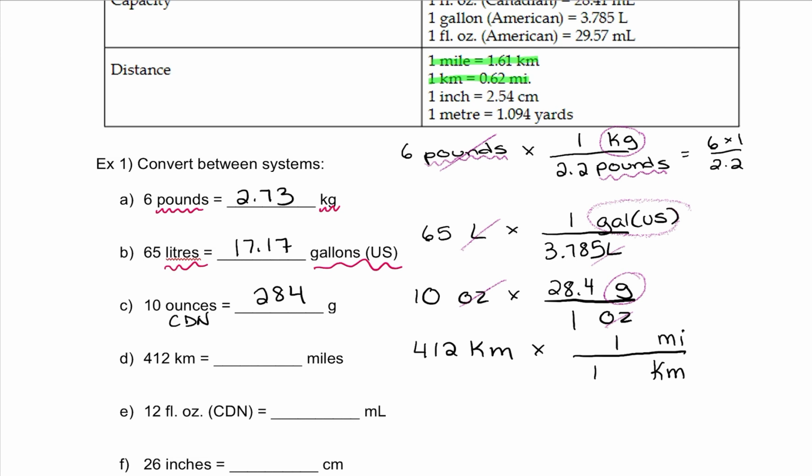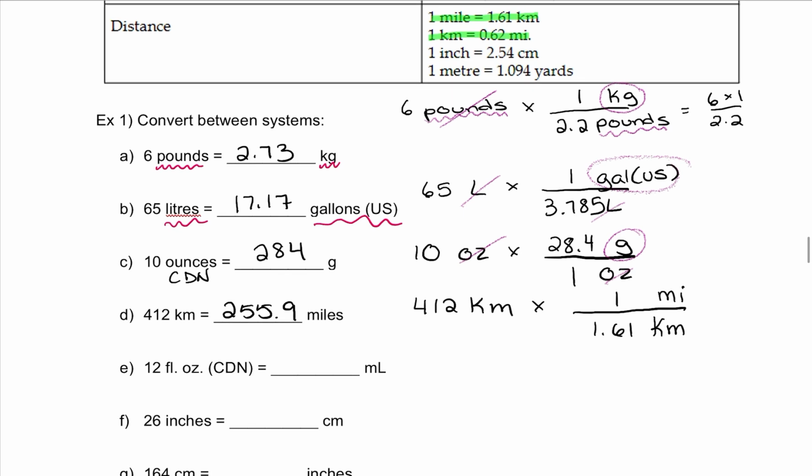So 1 mile is 1.61 kilometers. So this ends up being 412 times 1, which I don't need to worry about doing, divided by 1.61. So this ends up being 255.9.